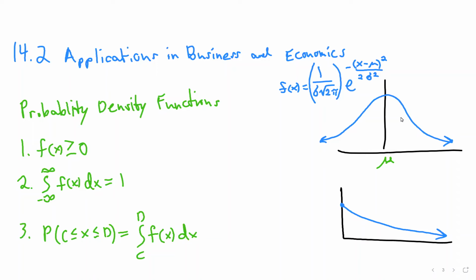Some examples of probability density functions are the normal distribution, which is f of x equals 1 over sigma square root of 2 pi, all times e to the exponent of negative quantity x minus mu, quantity squared, over 2 sigma squared, which is a mouthful and a very complicated function if you're looking at it in terms of trying to read it, write it and work with it.